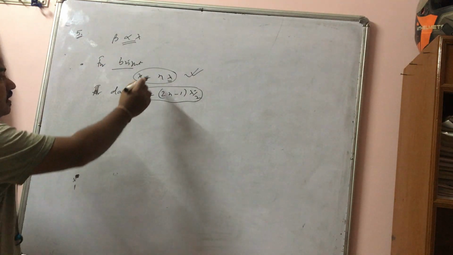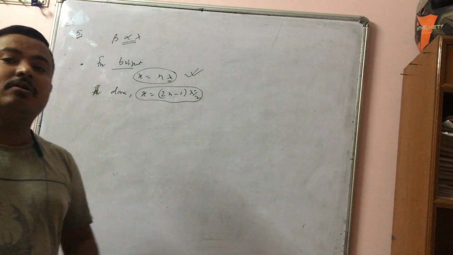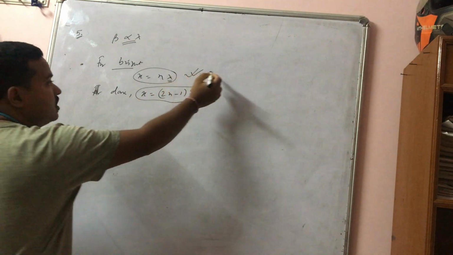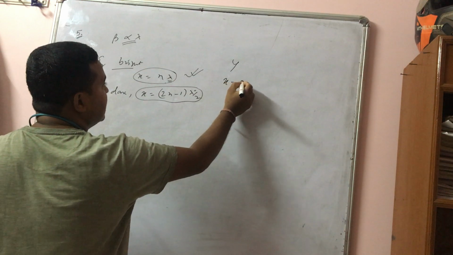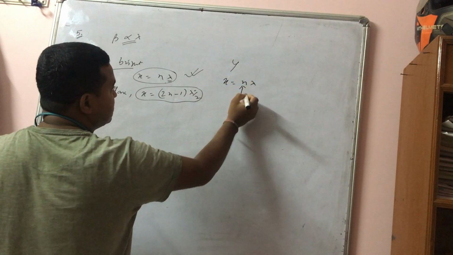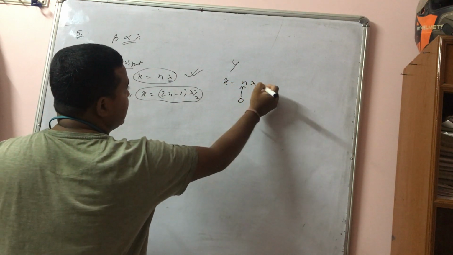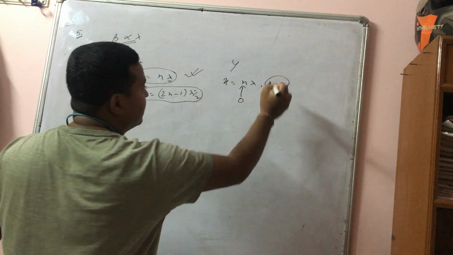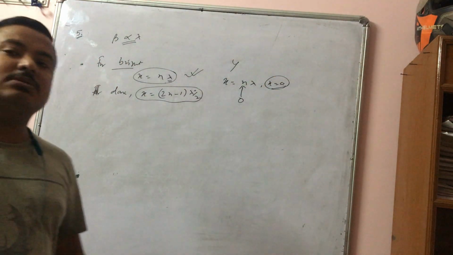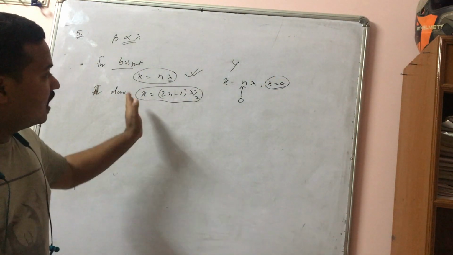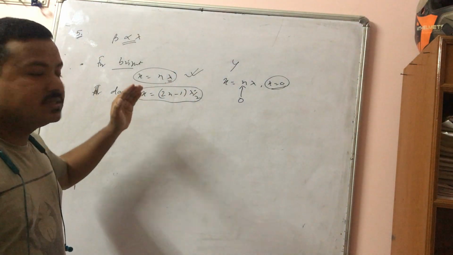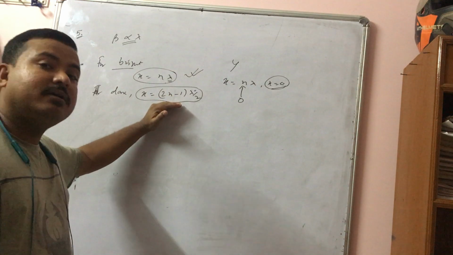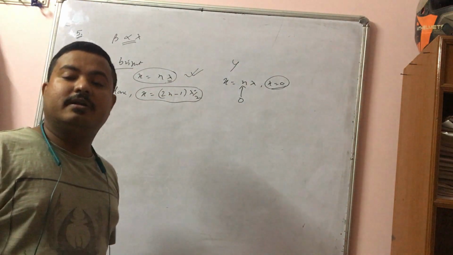But the central maximum remains white, because the position of central maximum does not depend on lambda. Here x is n lambda, and for central maximum n equals 0, so x is 0. Path difference is 0 here. That's why your central maximum remains white. But other bright fringes will be colored, and some colors will be missing, those which satisfy dark or destructive interference. Okay.